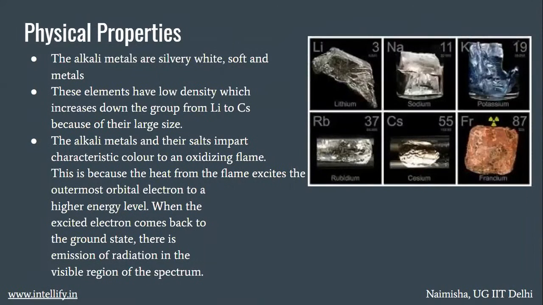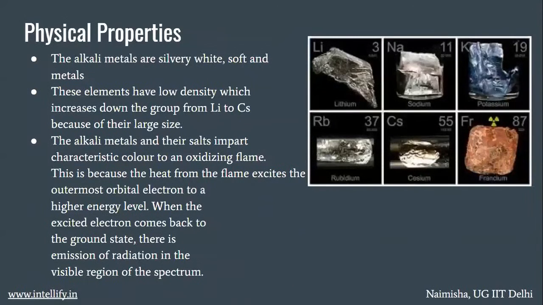Coming to the physical properties, alkali metals are silvery white and soft. These elements show low density which increases down the group from lithium to cesium because of large size.